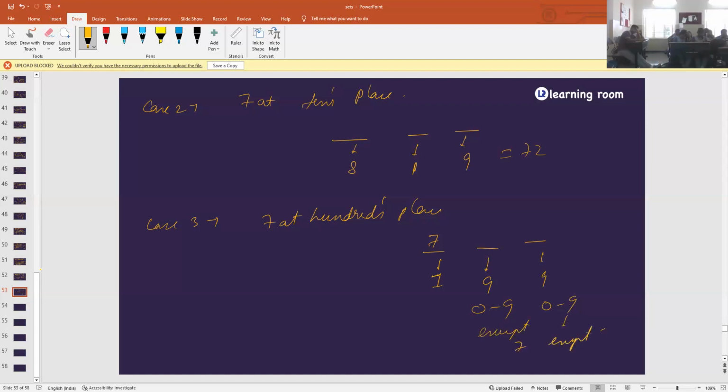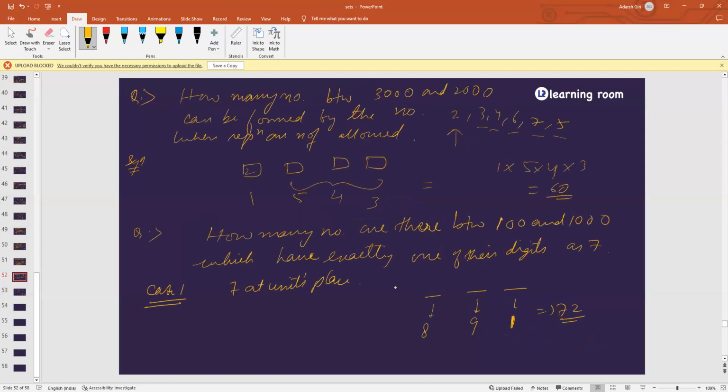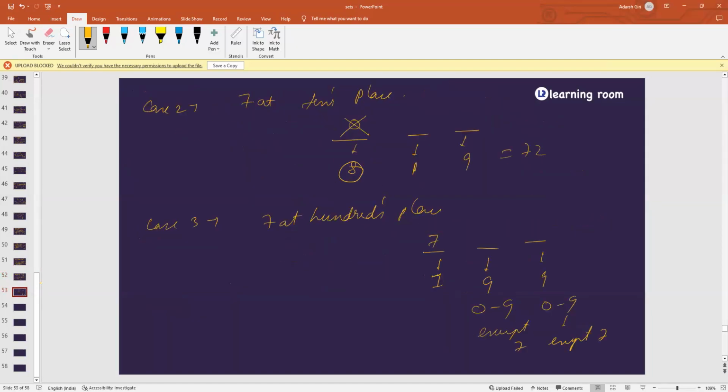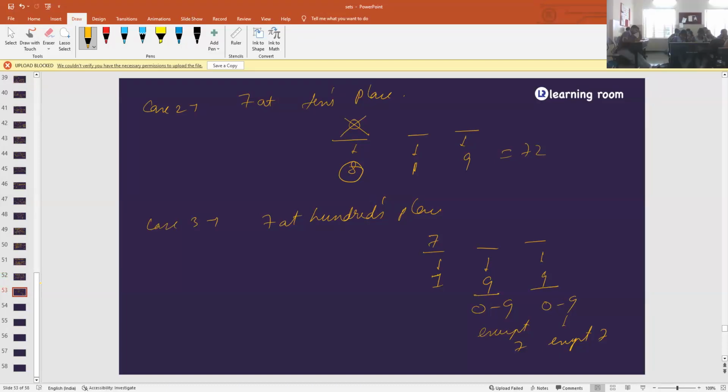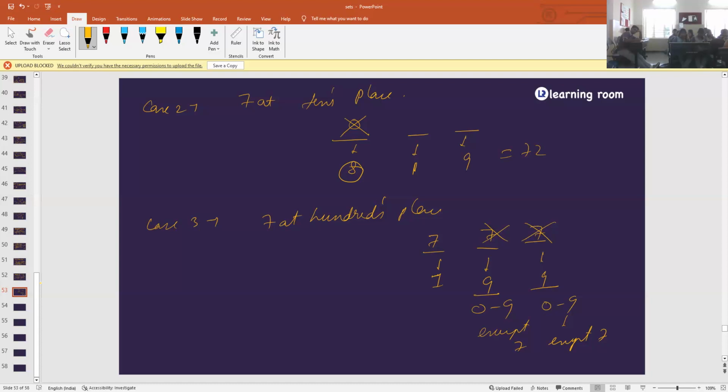In the previous cases, 0 could not be put, so there were 8 numbers. Here I can put 9 numbers, but 7 should not be here because 7 should not be repeated. Do you agree with me?